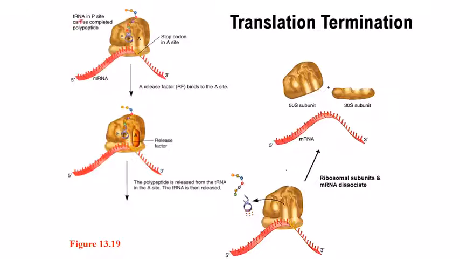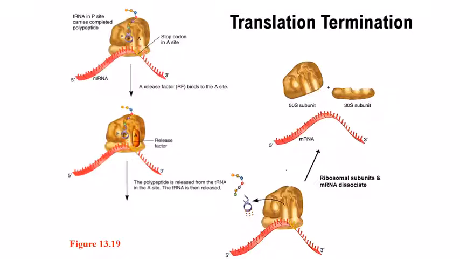So the tRNA present at the P site carries the completed polypeptide. Now at this A site there is a stop codon, either UAA, UGA or UAG. One of the three termination codons will be there at the A site.